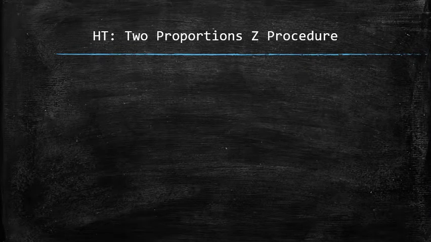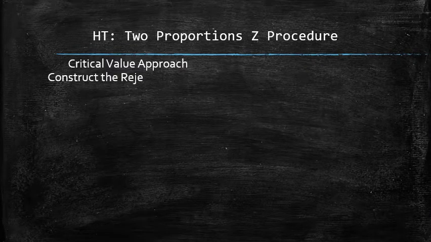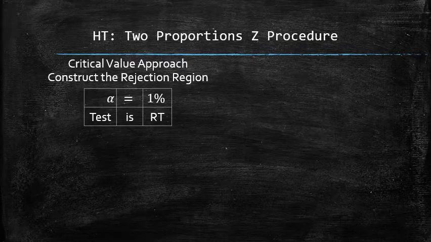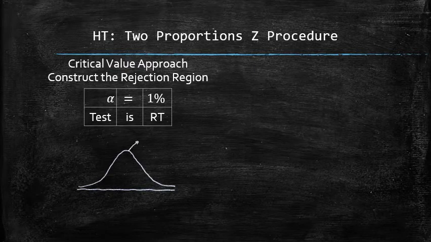In the critical value approach, we construct the rejection region. In this approach, we need to know the significance level alpha and the type of the test. We draw the rejection region under the standard normal probability density curve according to the type of the test. So right-tailed test will have the rejection region in the right tail.